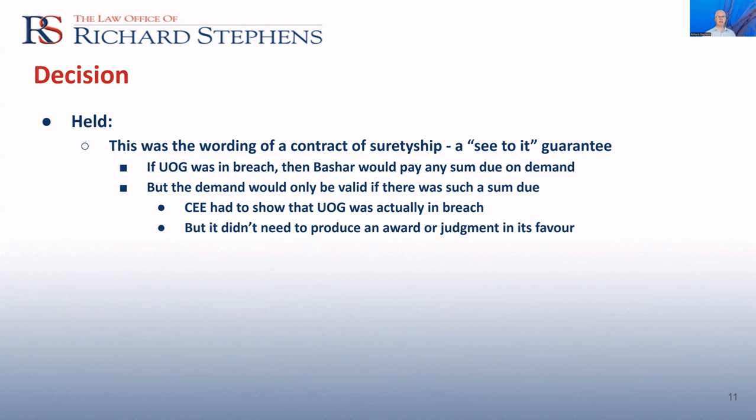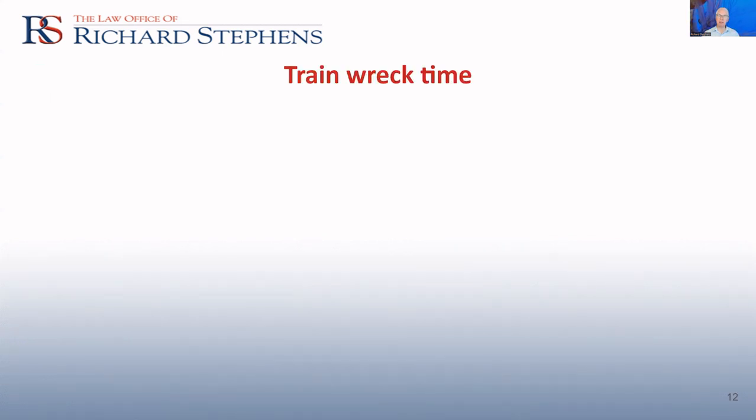And again, the judge said in this case that taking everything together, he thought this was a see-to-it guarantee, a contract of suretyship. In other words, Energy would have to show breach first, and then Bashar would pay the sums due on the demand being made of him. But it was crucial to prove that the breach had actually taken place before it triggered Mr. Bashar's liability under the guarantee.